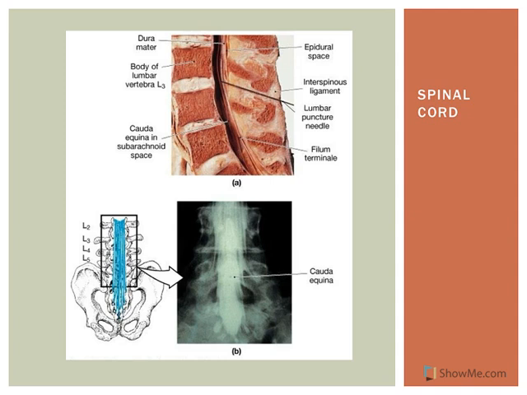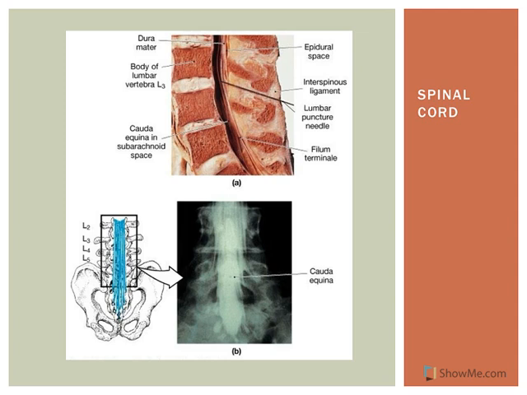I also want to mention the importance of the fact that the spinal cord ends in an adult between your first and second lumbar vertebra. Your cerebrospinal fluid continues to circulate past that. If we want to do a lumbar puncture or spinal tap to sample some cerebrospinal fluid, they want to insert the needle in a place where they can get the CSF without risking damage to the spinal cord.